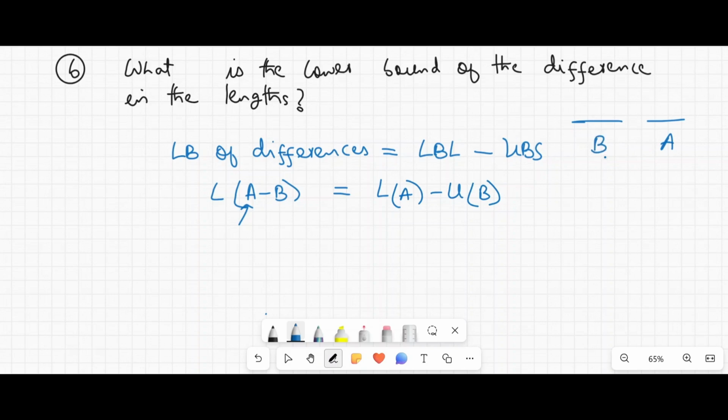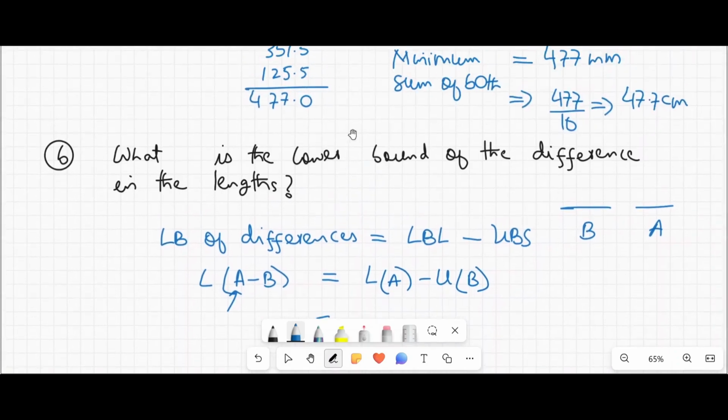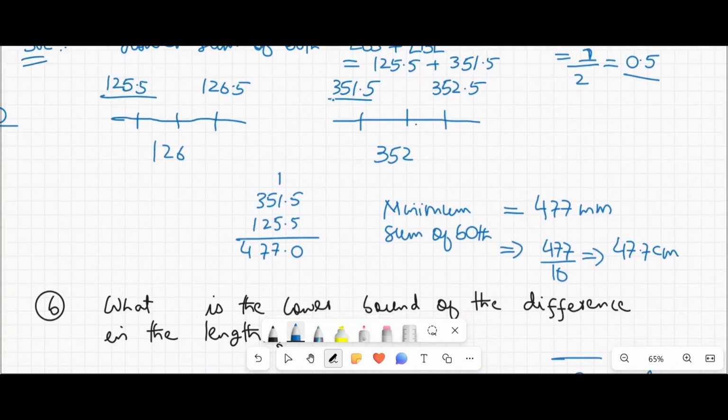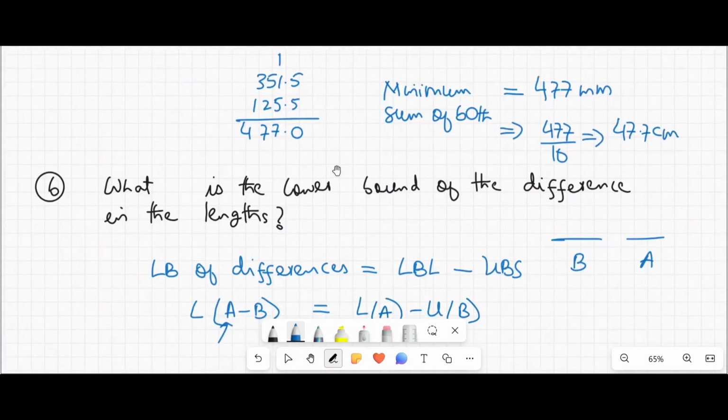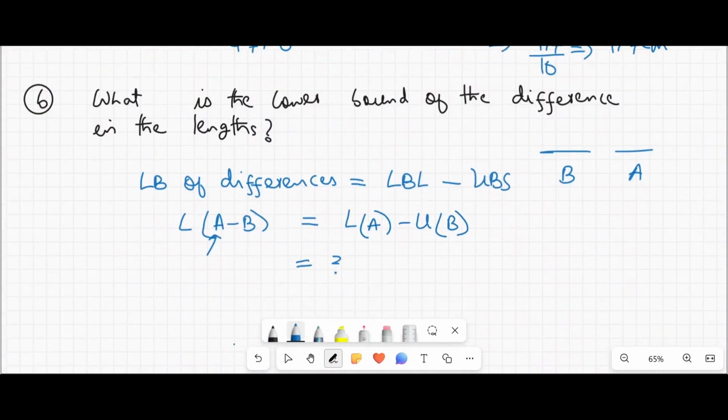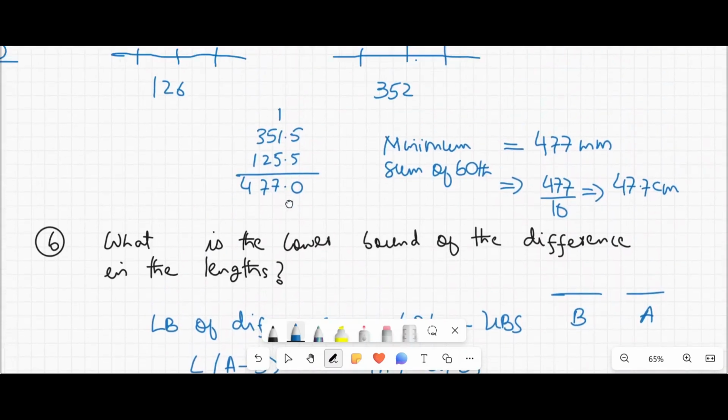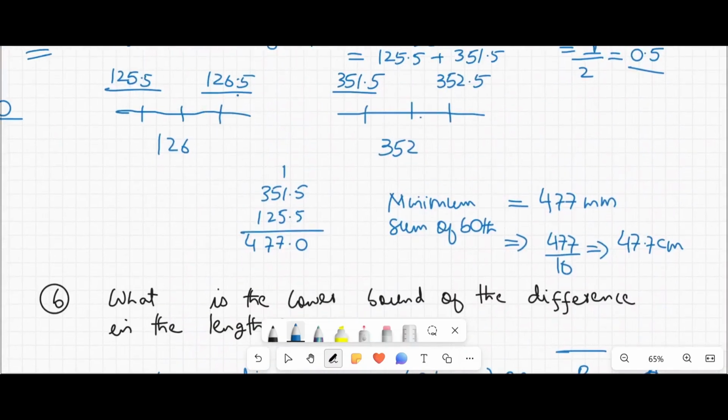Now the lower bound of A, the larger string, is 351.5, minus the upper bound of the smaller, which is 126.5.